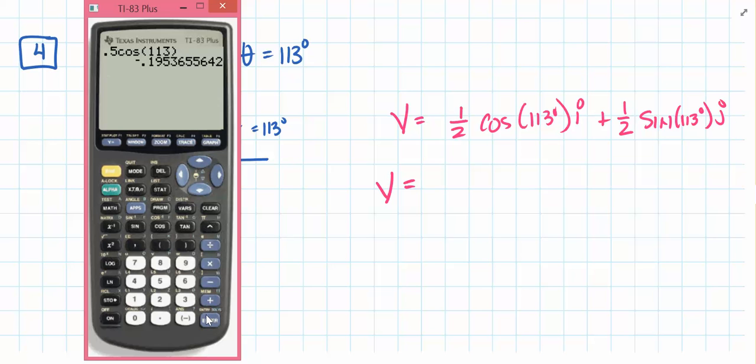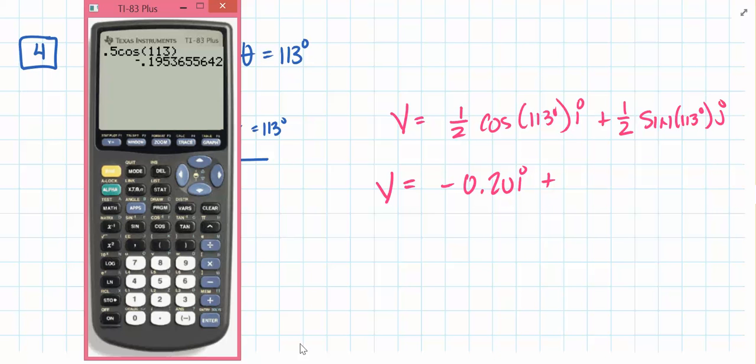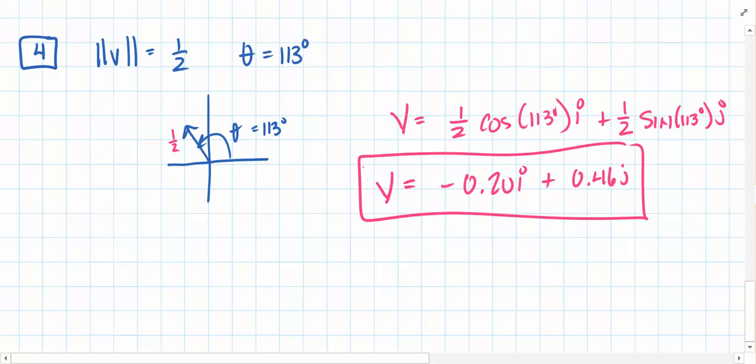I'm getting like negative 0.2. Is that cool with you guys? Yeah. Okay, so this is going to be negative 0.20i, and then plus, figure out what this one is. 0.5 sine of 113. I'm getting like 0.46j. Okay, cool. So plus 0.46j, and this is how we represent this vector here.